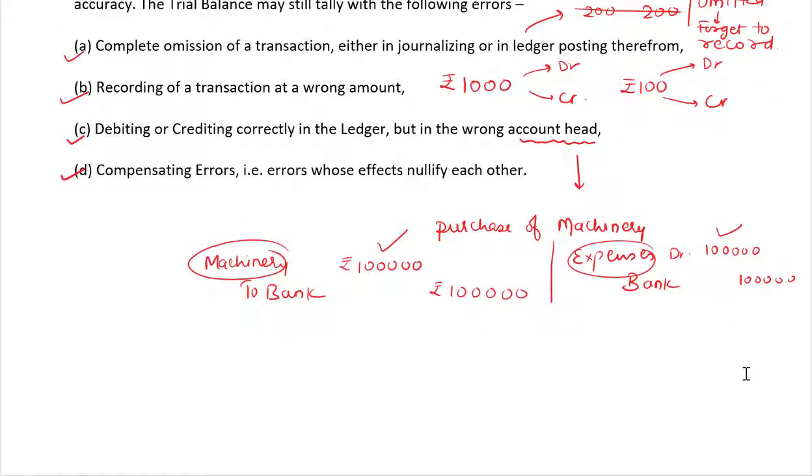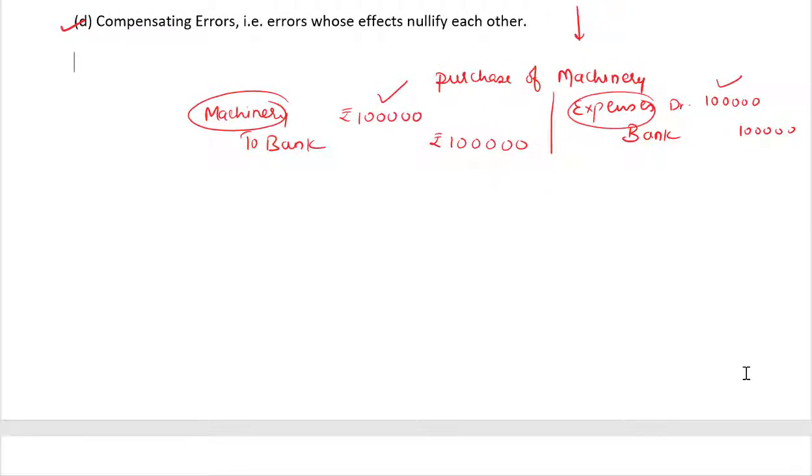The next error is very interesting, that is compensating errors. Compensating errors in the sense what? Supposing you should debit the debtor by 1000, but instead of debiting it by 1000, you debit it as 100. On the same line, you should credit the creditor by 1000, but by mistake you credited it by 100.